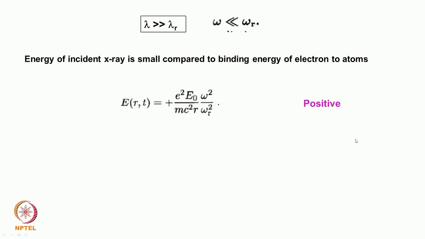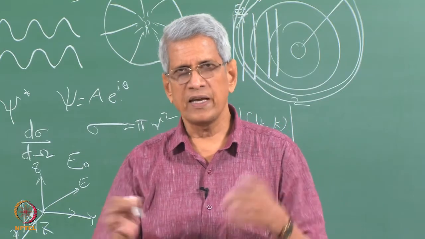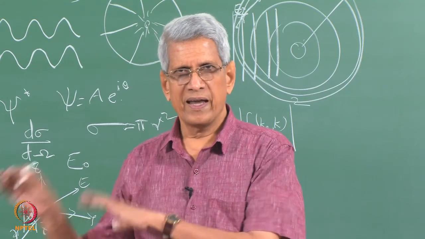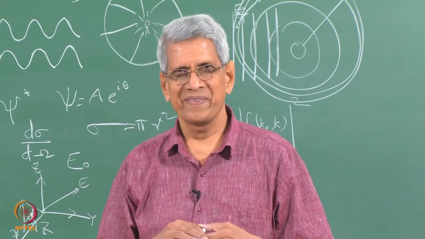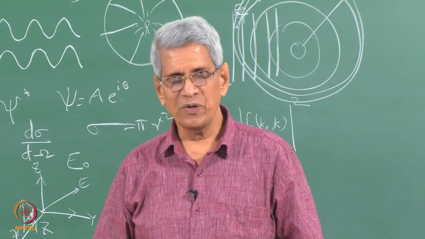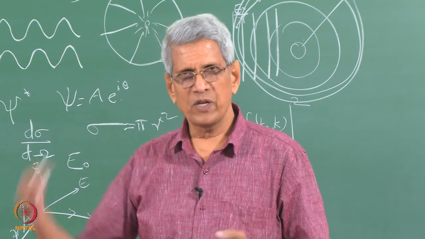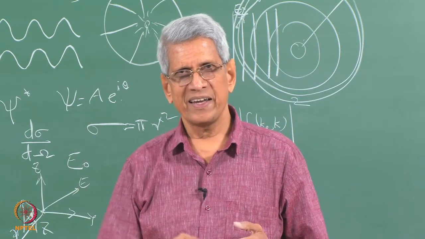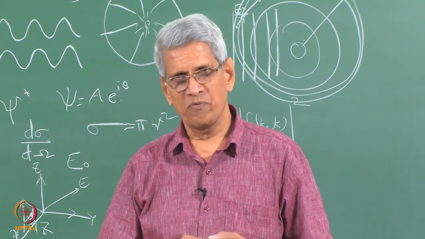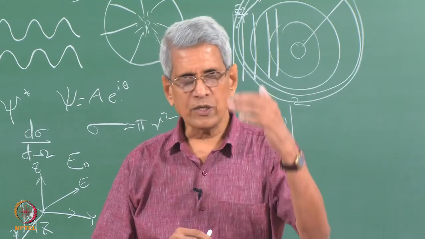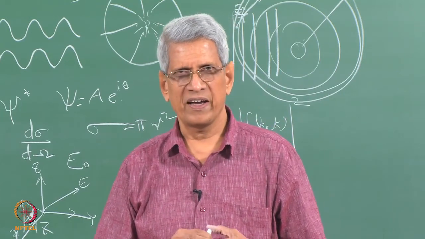But what is going to happen when it is high, a case which we can take is that suppose I use copper K alpha and I am trying to look at germanium, which is larger. With respect to the K level, it has got a higher energy, so the frequency is high, whereas for all other levels, L level and all, energy is going to be very small, L alpha.